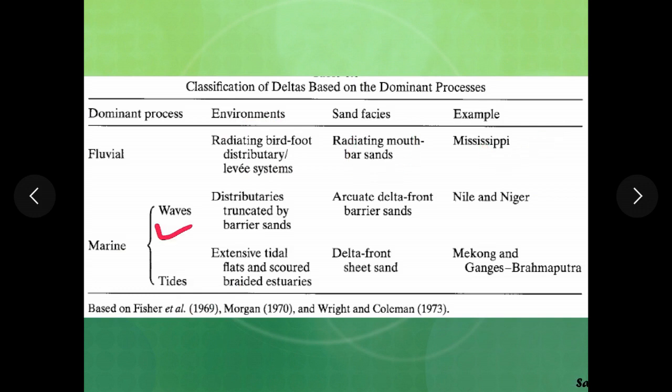When the action of wave is dominant, you get to see distributary channels truncated by barrier bars, that is in case of Nile River Delta that we have seen just now, and the sand facies are arcuate and barrier islands parallel to the coastline. And the third example is where the tides are dominant, where you get to see formation of extensive tidal flats or tidal sheet sands, and the example is Ganga Brahmaputra Delta.